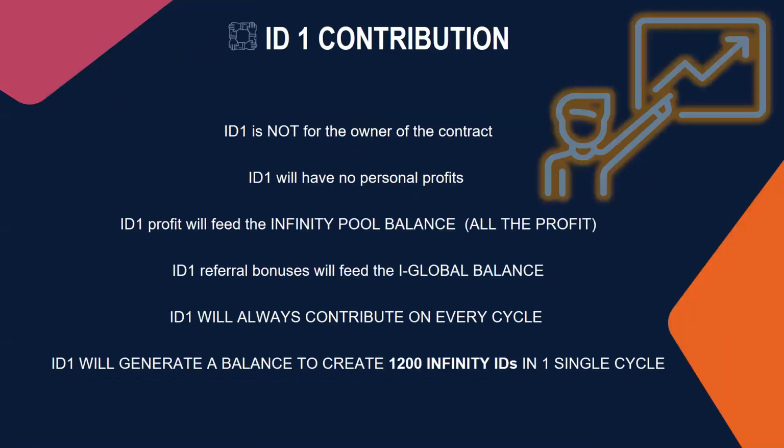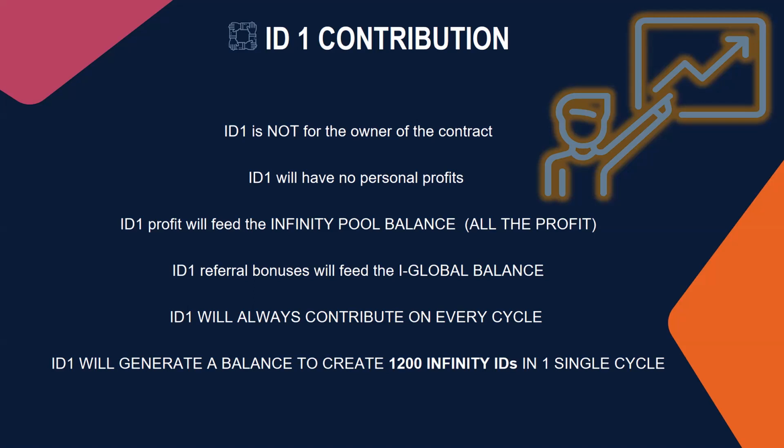Here is another point that I'm very sure you will never see anywhere else. You will never see an owner give all his earnings of his ID1 to the people, all of it with no exception. Not even a single penny is taken and sent to him from ID1. So let's go through the points.